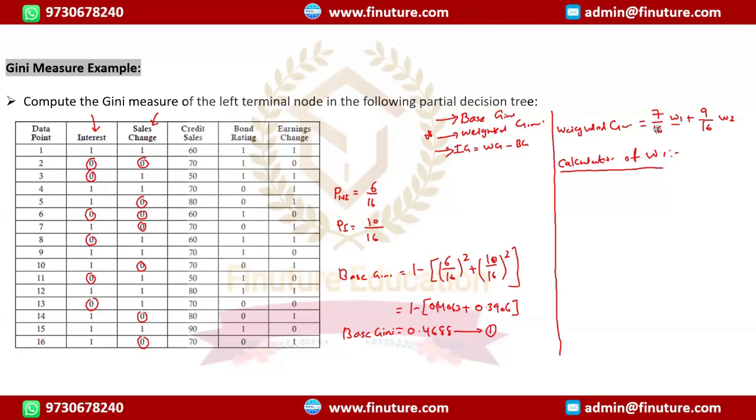So when I calculate this weight 1, when delta sales change is equal to 0, when there was no sales change, what is my Gini measure? Basically this weight 1 is a Gini measure for when there was no sales change. So you calculate 1 minus, and see what I'm doing, I'm just counting wherever both are 0. For this one it is 0, here it is 1; there was no sales change but there was an interest obligation.